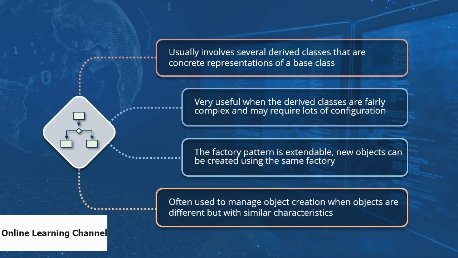You'll choose to use the factory method to manage object creation when objects are different but with similar characteristics. So you have different objects but maybe belonging to the same family. Objects may all be vehicles but different kinds of vehicles. The objects that you create might be cars, buses, trucks, or two-wheelers.